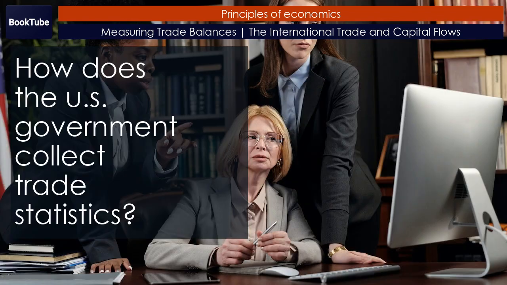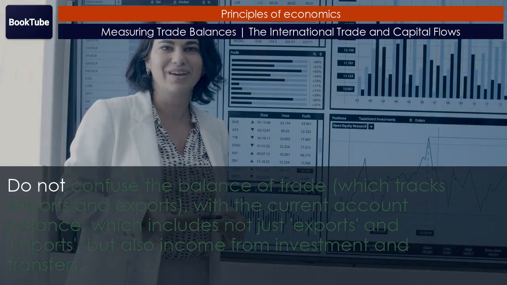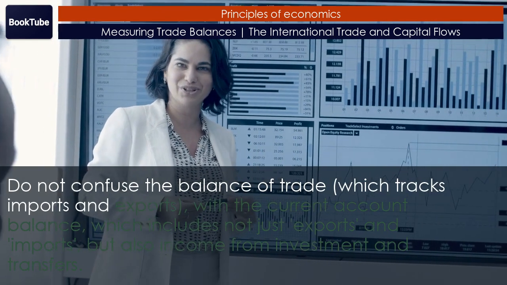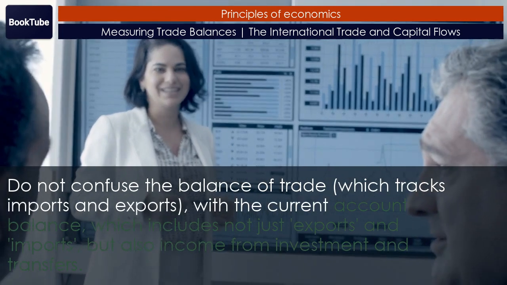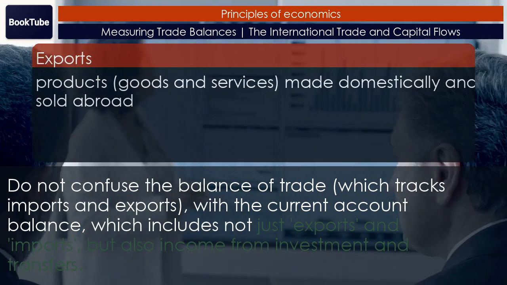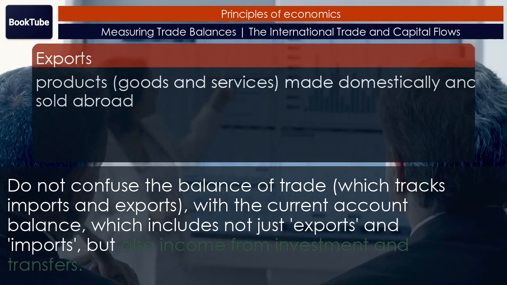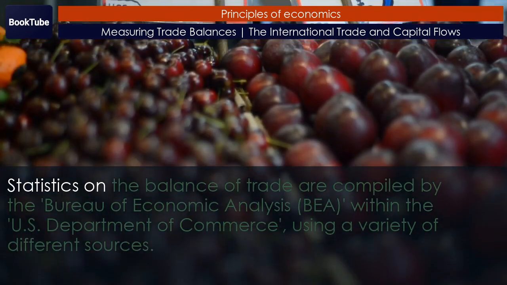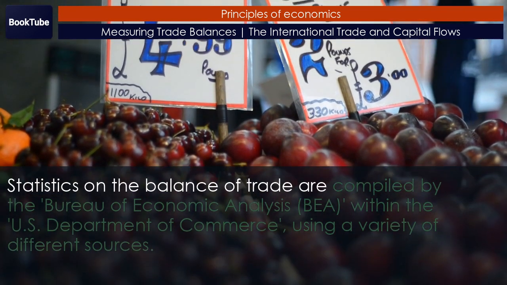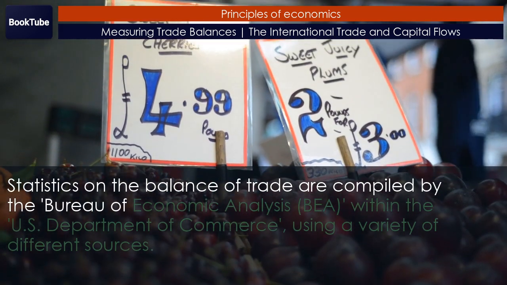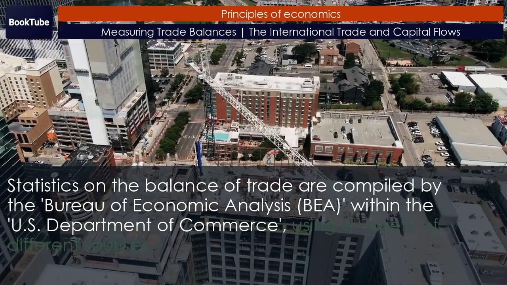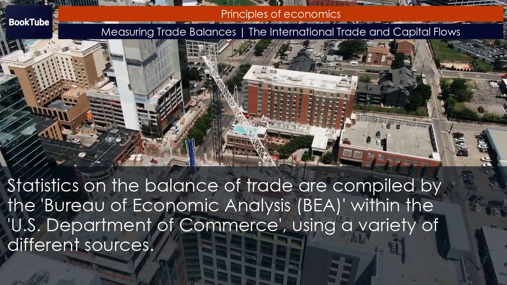How does the U.S. government collect trade statistics? Do not confuse the balance of trade, which tracks imports and exports, with the current account balance, which includes not just exports and imports, but also income from investment and transfers. Statistics on the balance of trade are compiled by the Bureau of Economic Analysis, BEA, within the U.S. Department of Commerce, using a variety of different sources.